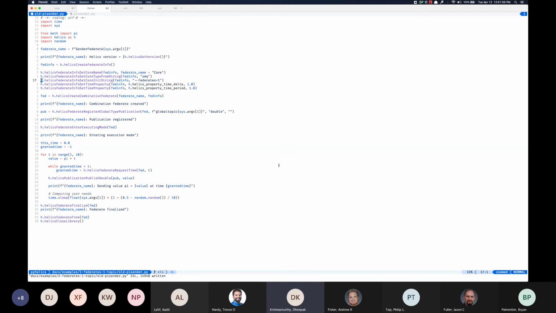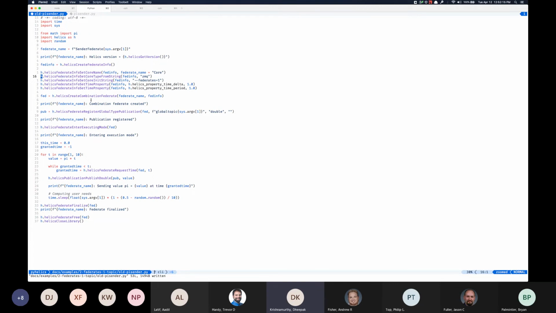I have a file open here in my terminal, and it is a Python file that is a Helix federate. In this case, I'm using the old Python interface, which essentially mimics the C interface.